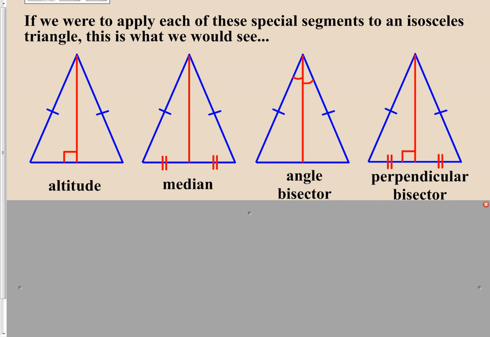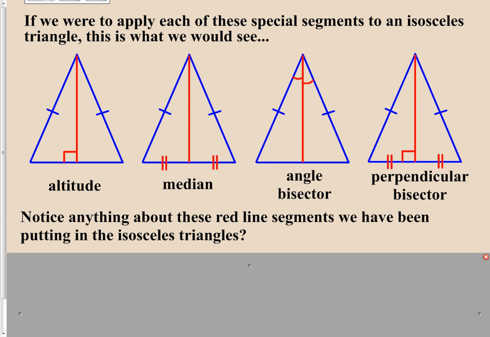The median is connecting exactly where it's supposed to be so that that side can be bisected. The angle bisector is positioned exactly where it's supposed to be so that the angle is cut exactly in half. And the perpendicular bisector, I actually left a marker out of my perpendicular bisector. Well, no, I didn't. I've got it being bisected down at the bottom, and it is perpendicular. So all of these diagrams are drawn to scale.